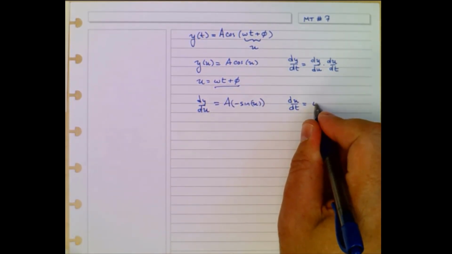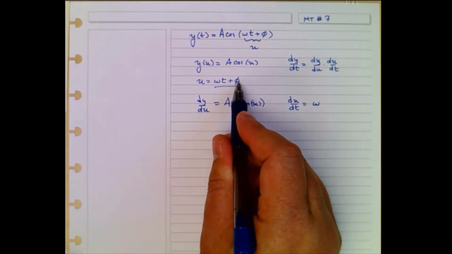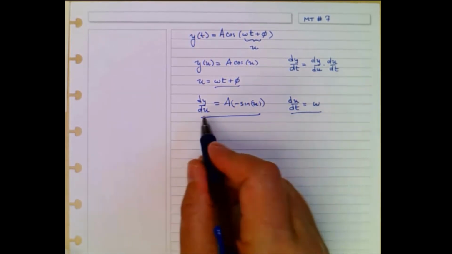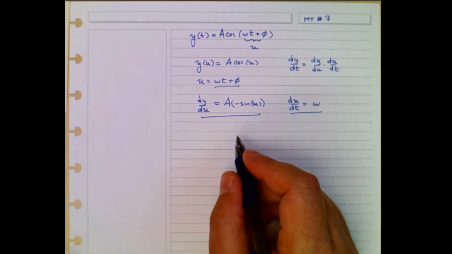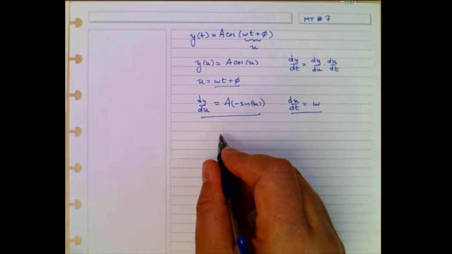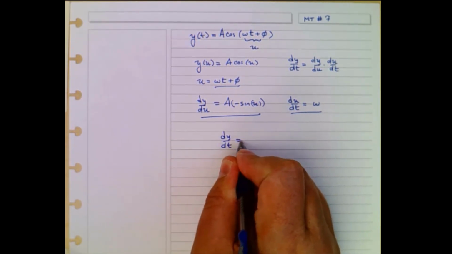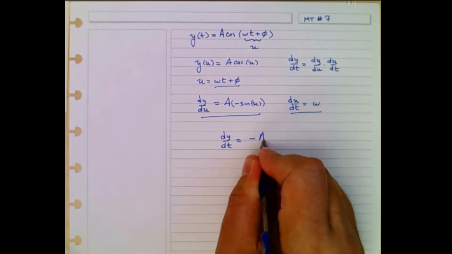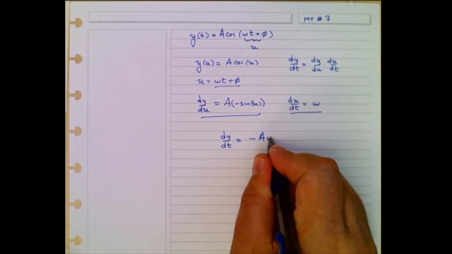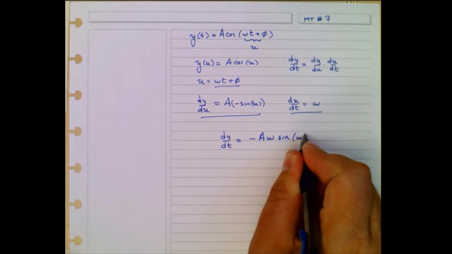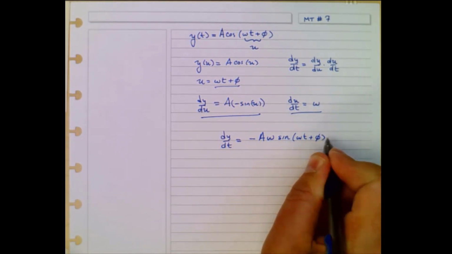It is just omega plus 0, right? Phi is a constant. So du dt is omega, dy du is minus a sine u. So dy dt, putting it all together, is going to be minus a times omega times sine of omega t plus phi.